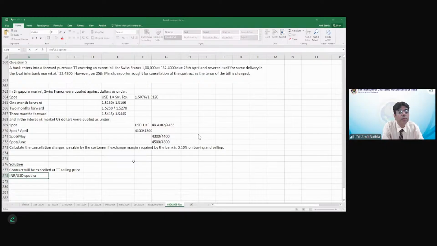What is the spot rate? Think again. You have a two-way quoted bid and ask price. So which price will be there? Okay, so ask price. Am I right? Why ask price? Because we want US dollar for Swiss francs.